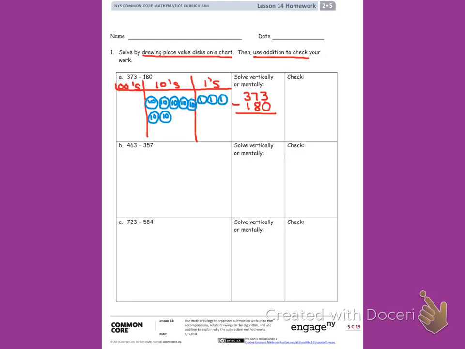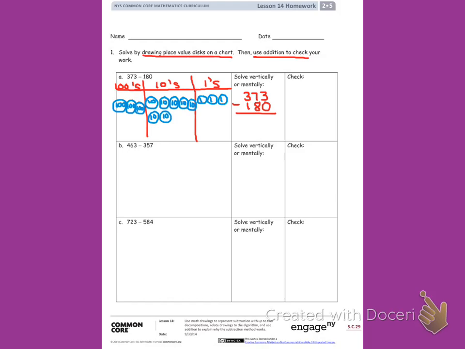And the number 373 has 3 groups of 100. 1, 2, 3. All right, it's time to begin solving the problem. 373 minus 180.